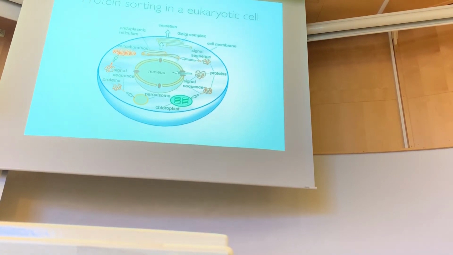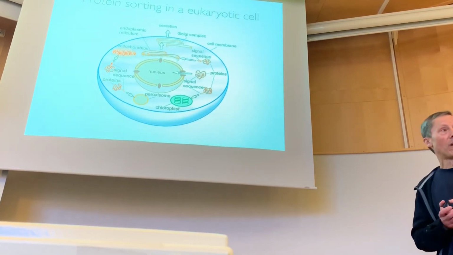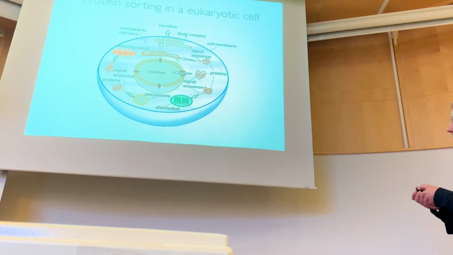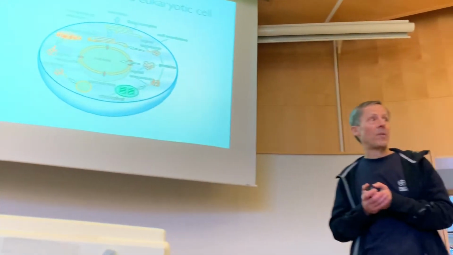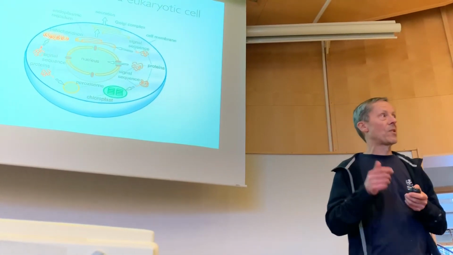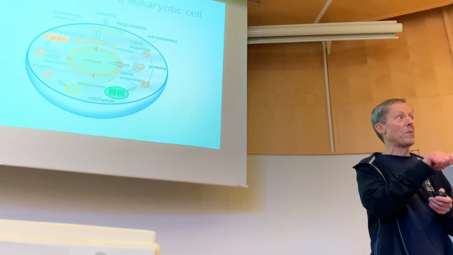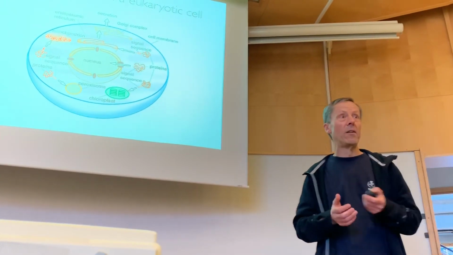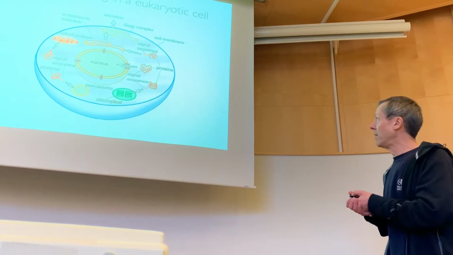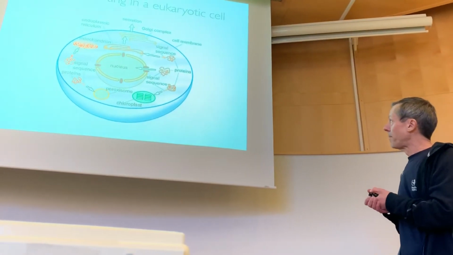And of course in plant cells you have chloroplasts. Most proteins in the chloroplast are actually synthesized in the cytosol and then imported into the chloroplast. The chloroplast, in fact, has three membranes, so some chloroplast proteins have to be translocated across three membranes before they reach the final location that they're supposed to be at.